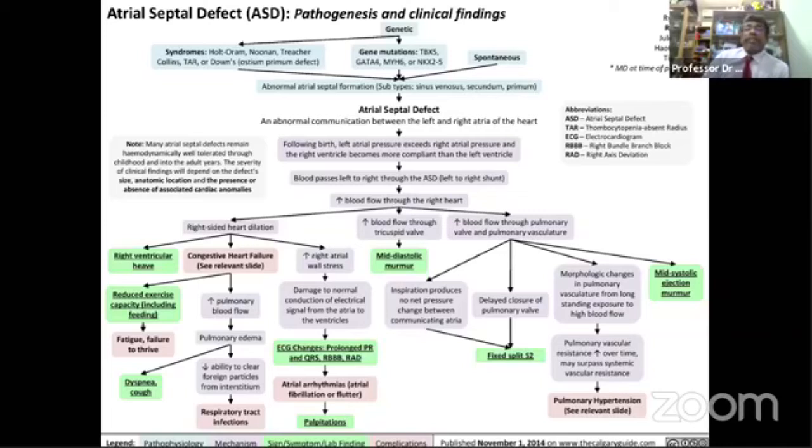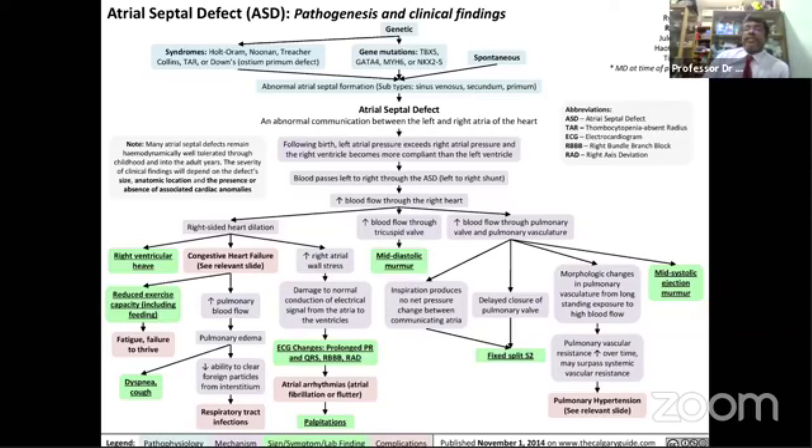When there is increased pressure in the right atrium, when there is equalization of the pressure between the left atrium and right atrium, or when there is increased pressure in the right atrium than the left atrium, there will be reversal of the shunt. That is, in those cases, blood flows from the right atrium to the left atrium instead of left atrium to right atrium.